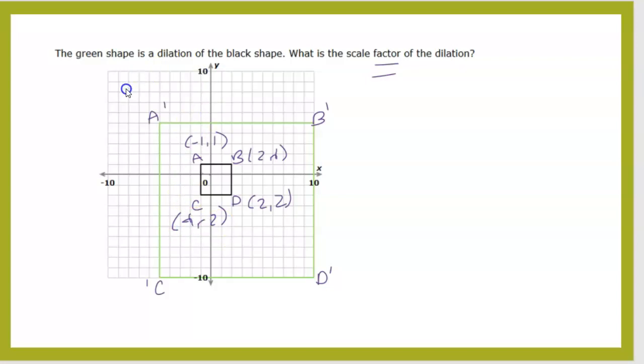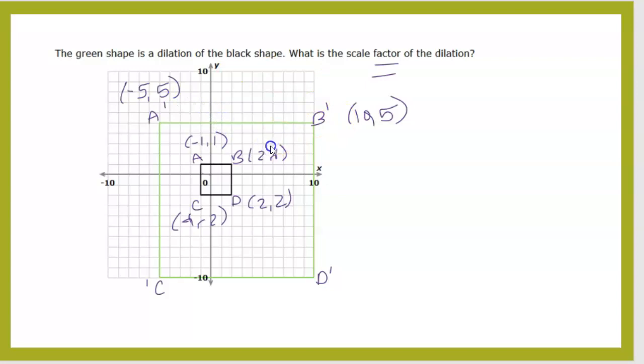All right, now let's look at the image. How did it change? 1, 2, 3, 4, 5. 1, 2, 3, 4, 5. -5, 5. Let's look at B. 10, 5. So if we compare the x values, we went from -1 to -5. The y value, 1 to 5.